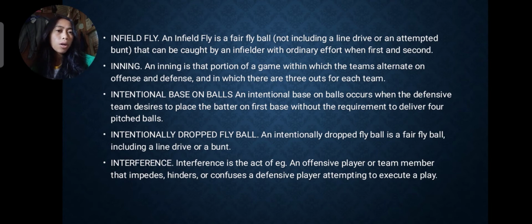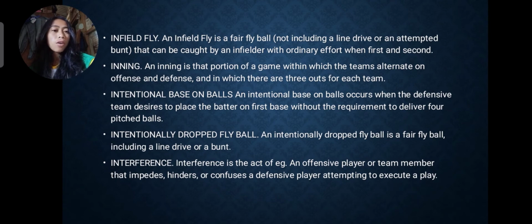Intentional base on balls. Intentional base on balls occurs when the defensive team desires to place the batter on first base without the requirement of delivering 4 pitched balls. And intentionally dropped fly ball. An intentionally dropped fly ball is a fair fly ball including the line drive and or a bunt. Interference.